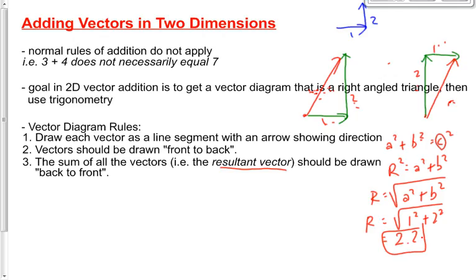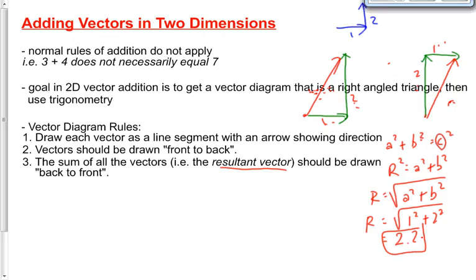When you added scalars together in grade 1, 1 plus 2 is equal to 3. When you added vectors together in grade 7, 1 plus 2 was sometimes equal to negative 1.